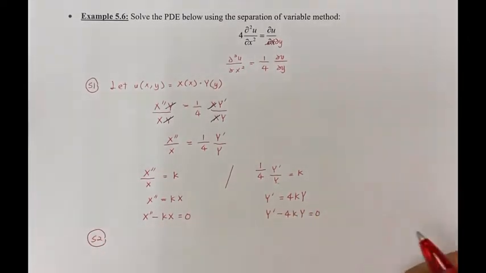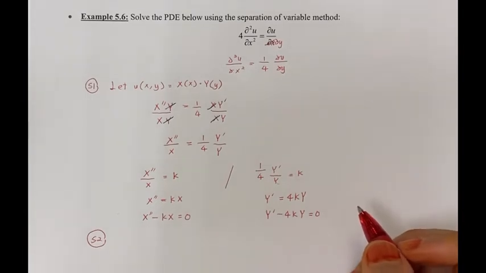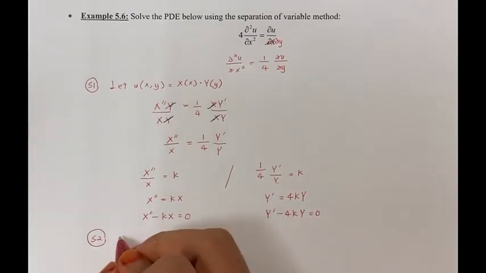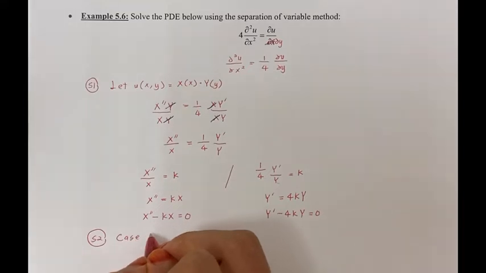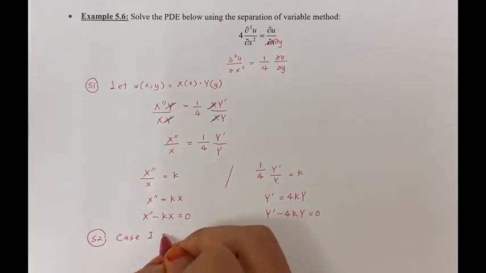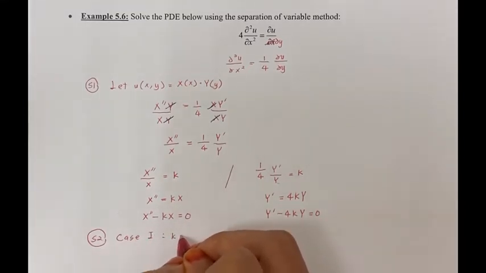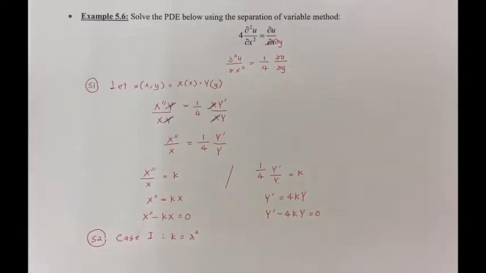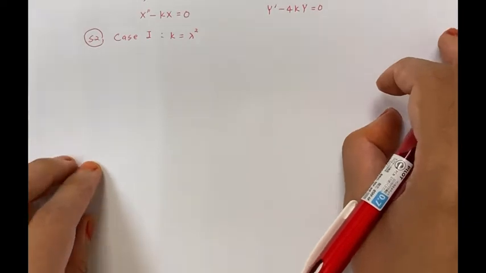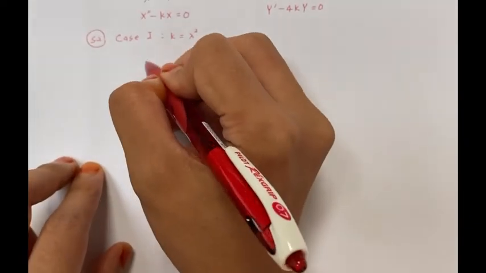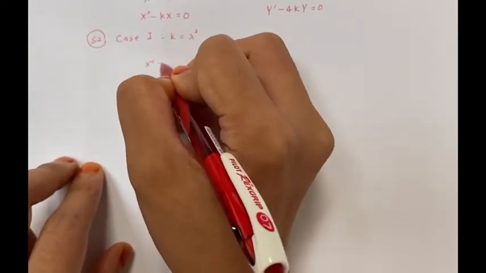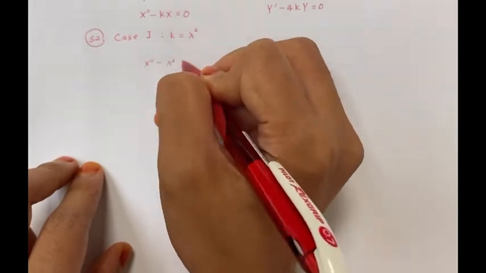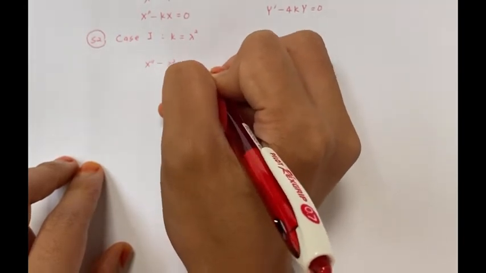In the second step, we have the three cases. We start with case 1, when you let k be positive. So k must be equal to lambda square. When k equals lambda square, substitute k in X double prime minus lambda square X equal to 0.